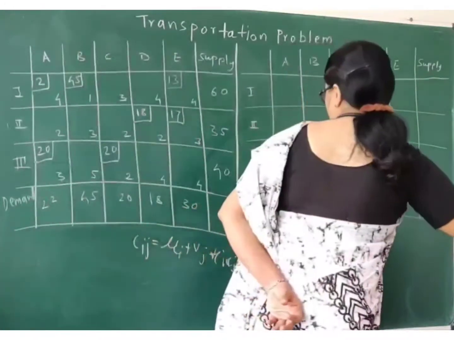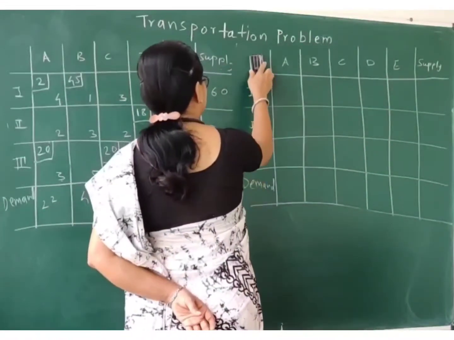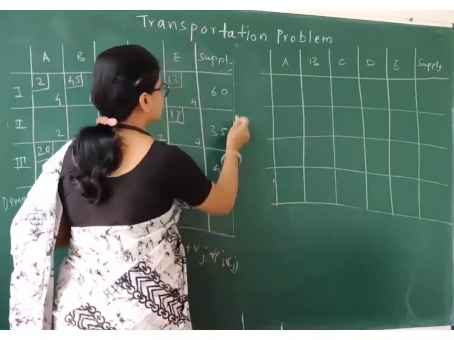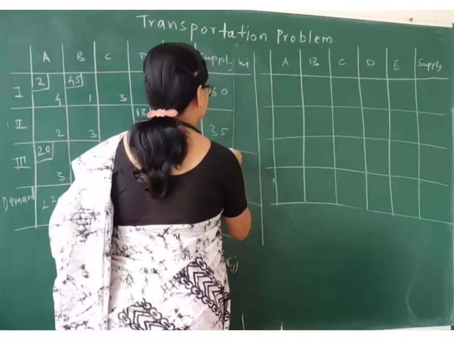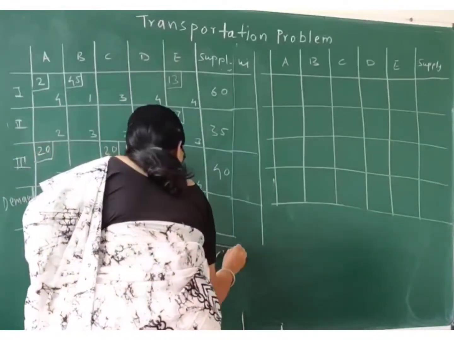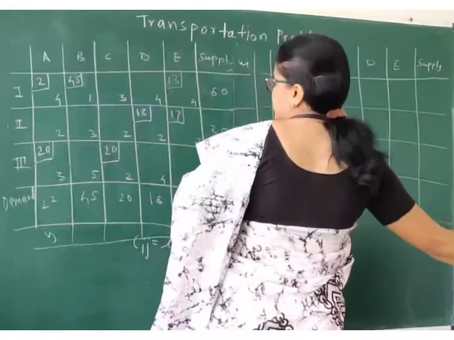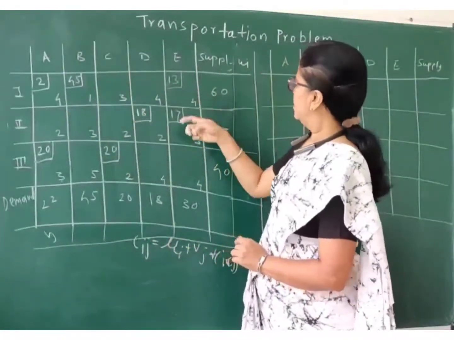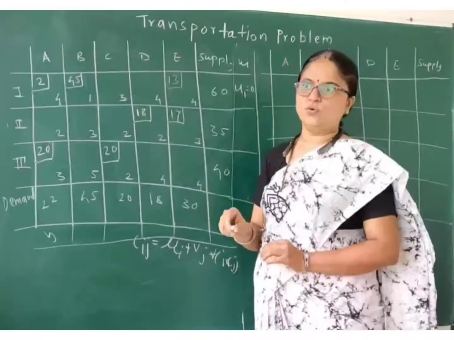Okay. So let me have the values of Ui over here, and Vj over here. The maximum possible allocations are in this row, so I can allocate U1 is equal to 0 over here.